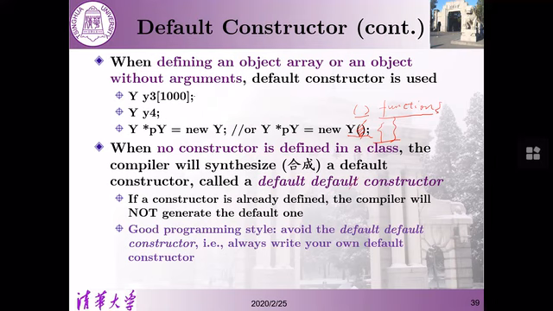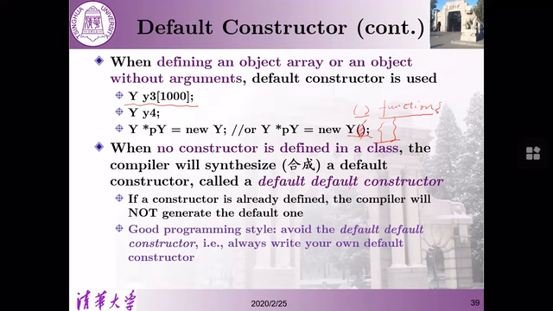This is a good question. If we define an array of 1,000 objects, I think the constructor will be called 1,000 times. I think so. But you can do some tests. For example, if you define a default constructor, you can print a message in your default constructor.